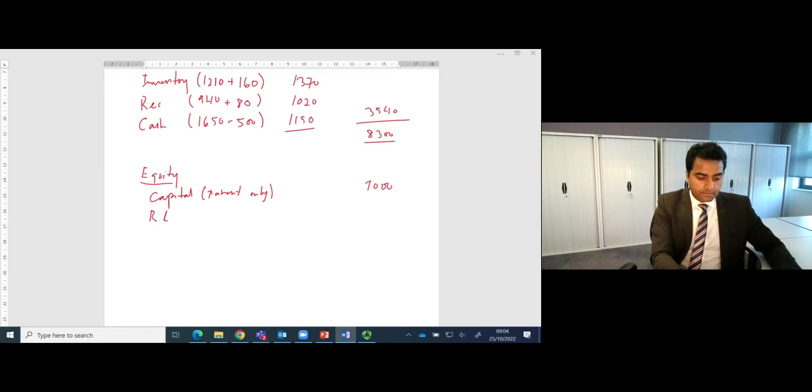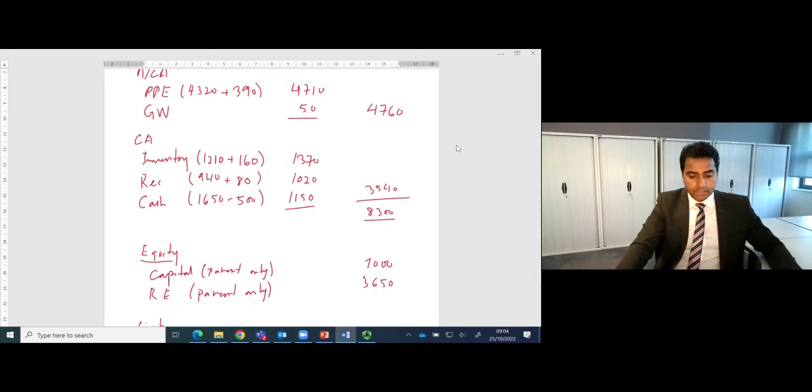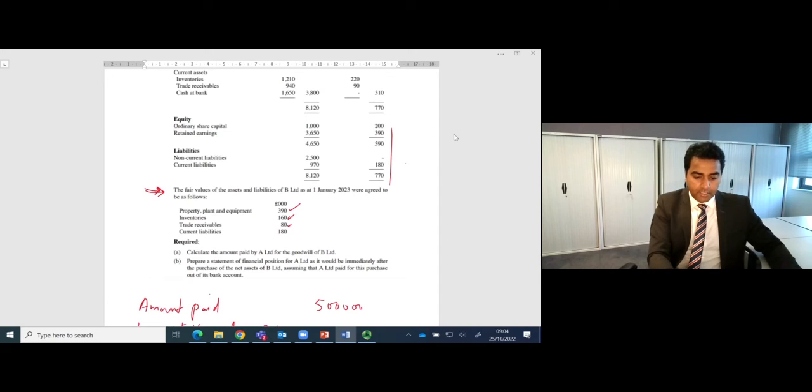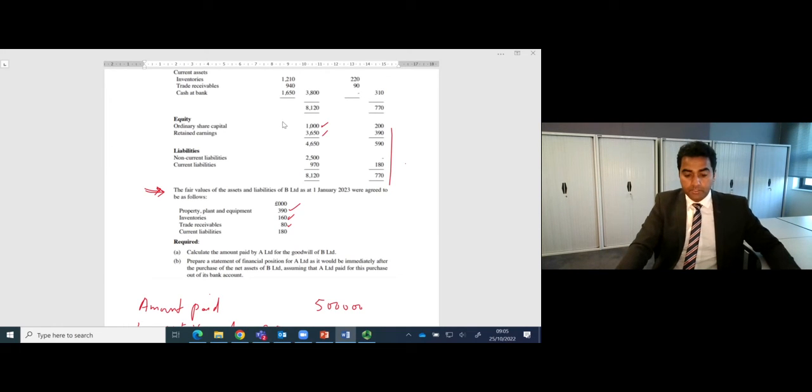Retained earnings of parent only, which is 3650. And then the liabilities. Now notice that the capital figure is coming from the statement of financial position of the parent, and the retained earnings is also coming from the statement of financial position of A Limited.